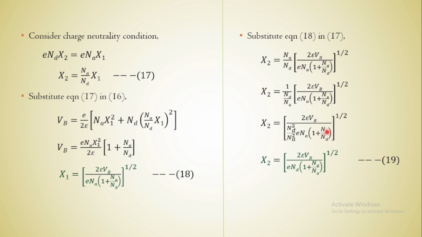So that will cancel each other. We are getting 1 here plus Nd by Na. So here we can observe that one Nd is remaining outside, and in place of Na by Nd we will get Nd by Na. So this is just a simplification by which we obtain the value of x2, which is named as equation number 19.